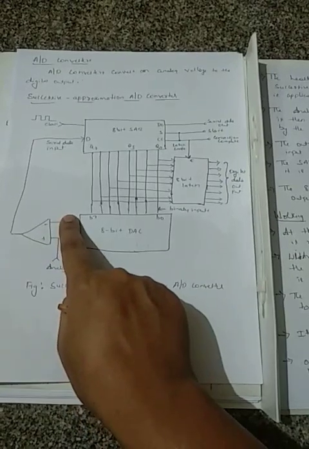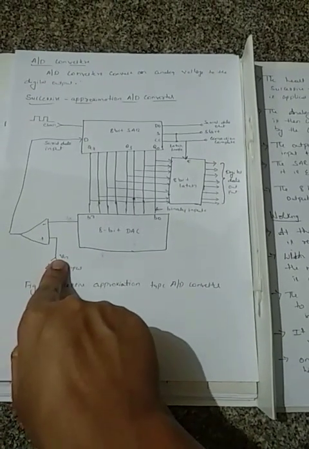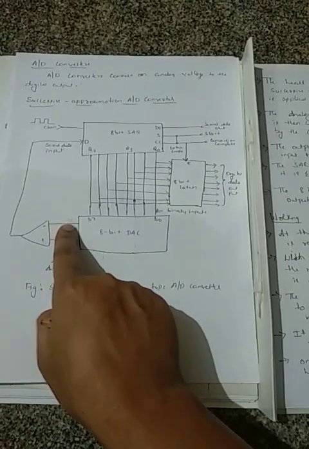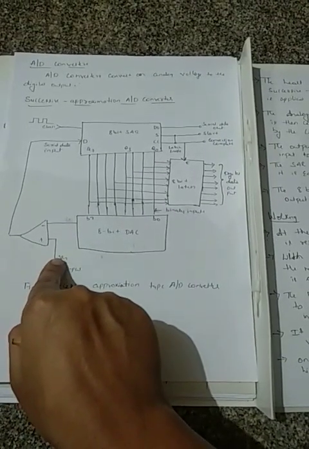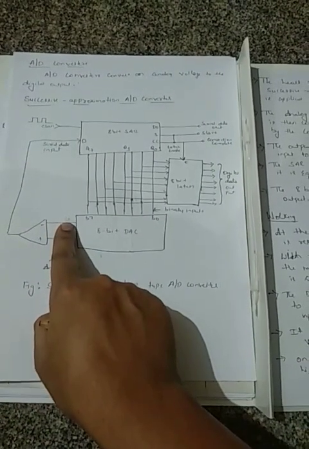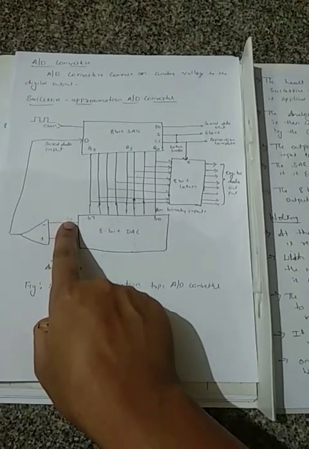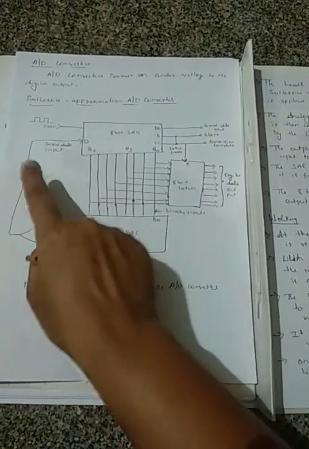The DAC output will now be the corresponding analog signal. This analog signal is compared with the Vin which acts as a reference voltage. If the DAC signal is greater than Vin, that is if Vin is less than the DAC output, the MSB will be cleared, so Q7 will be cleared.